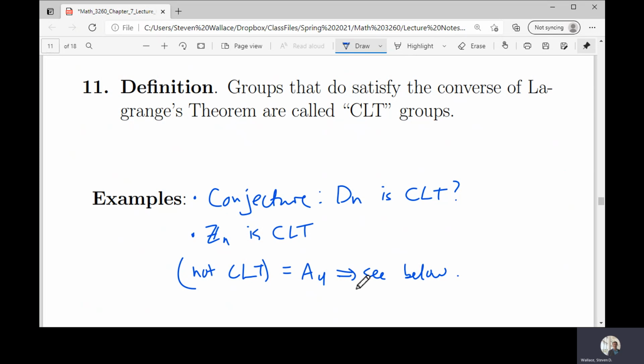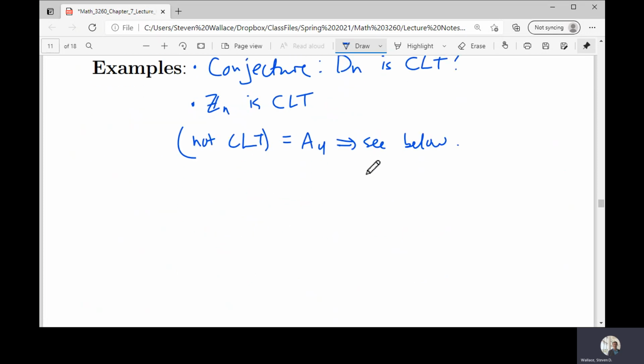There's also another thing. So here, this is an aside. I'm not going to ask you anything about this after this. Groups called solvable.